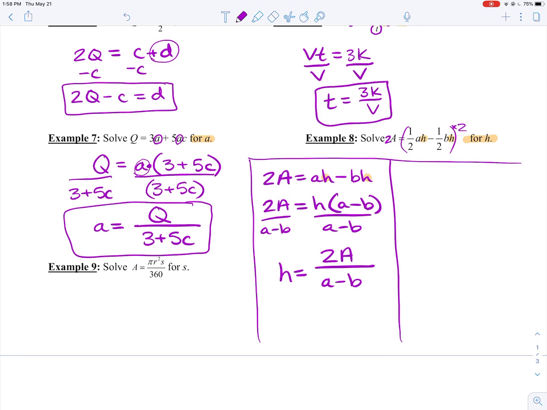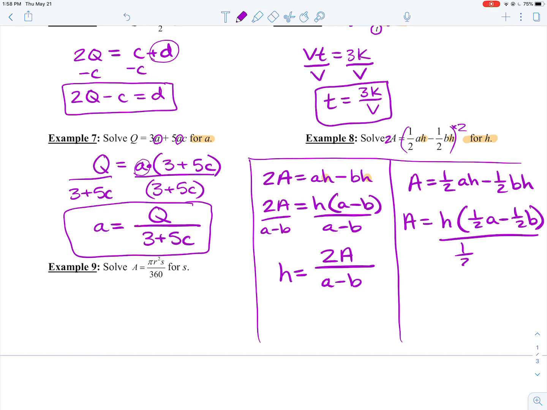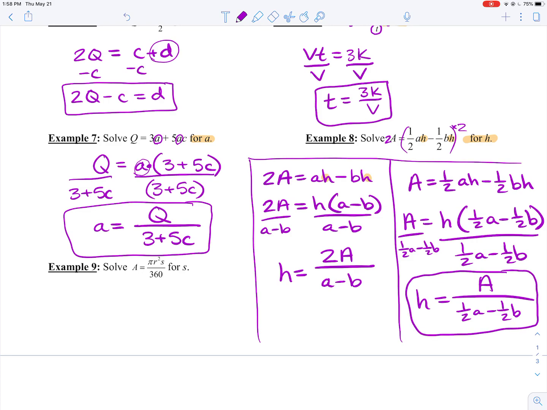Now, the other way you could have done this one, I'll just rewrite it. You could take out the H first and bring that out front and get 1/2 A minus 1/2 B, and then just divide by 1/2 A minus 1/2 B. Technically, this would be perfectly acceptable as well, because the directions are just saying to isolate H and get H by itself.